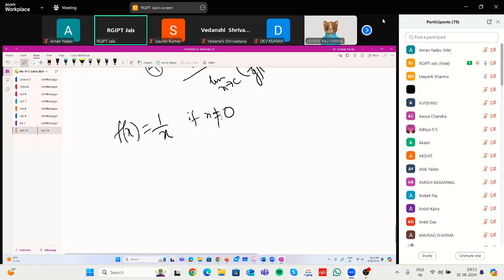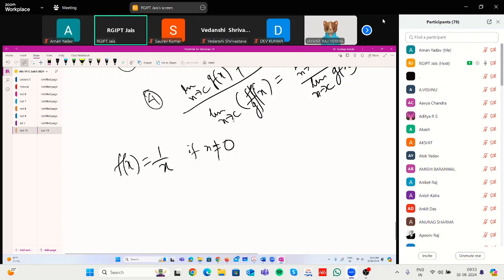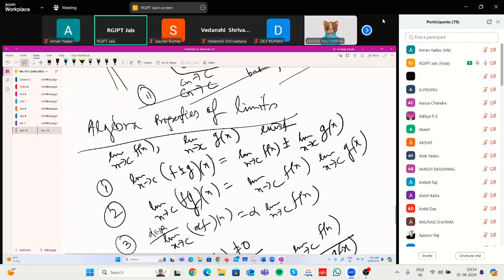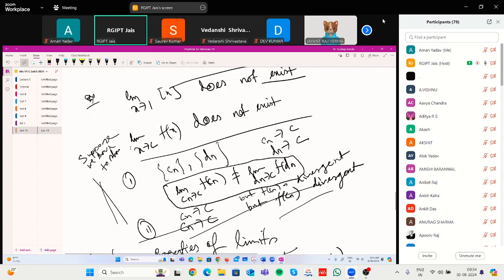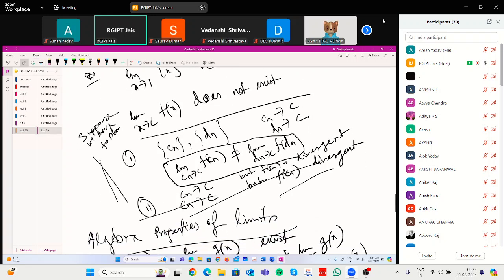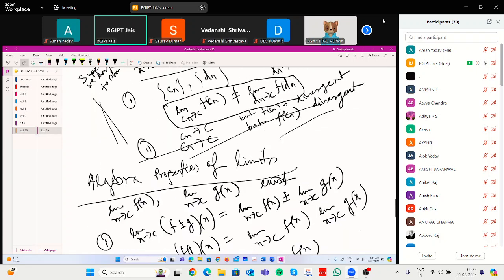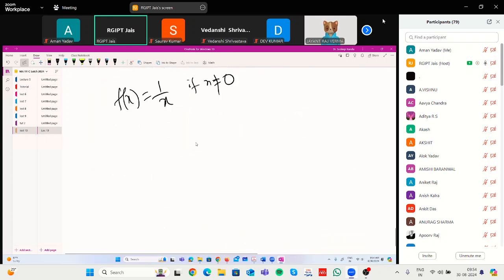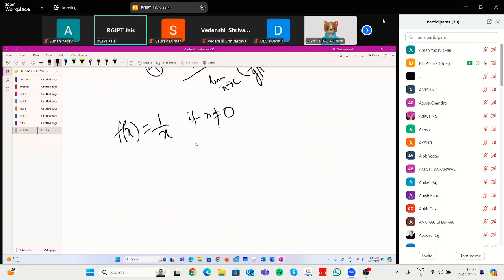So you have to check at 0, right? So that means C is 0. So you are checking whether, if this limit does not exist, then you have to show that one sequence converges to C, but its value is divergent. So can you choose some sequence? It's very easy. So what do you have to choose?